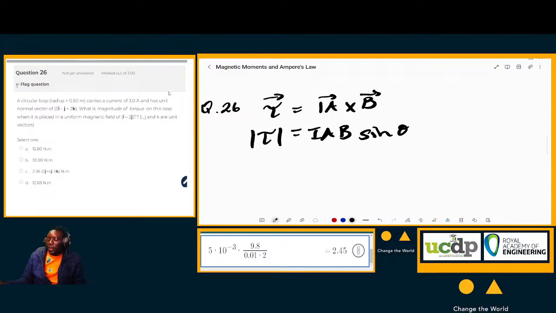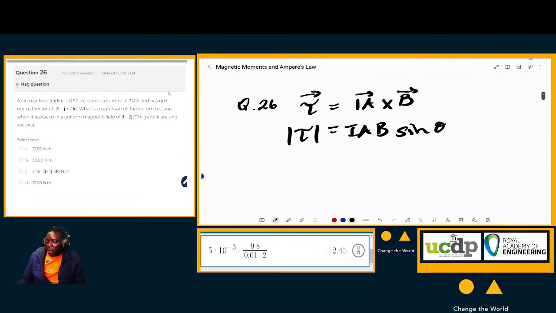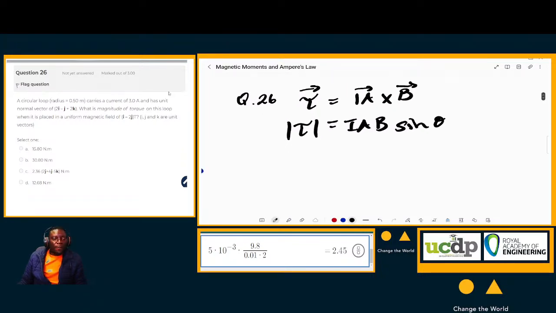For the direction, it's perpendicular to both the normal to the plane of the loop and the magnetic field itself. So the plane made by the normal to the loop and the magnetic field gives us the perpendicular direction, which is the direction of the torque. So that's basically another vector.